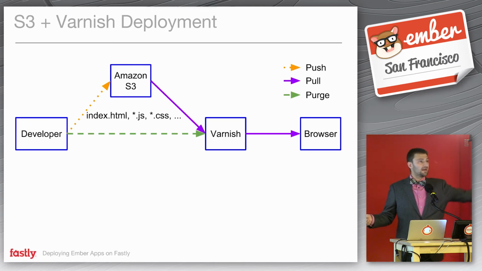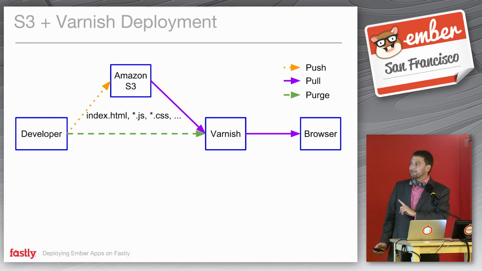So no one will ever get an updated version of your app until you then purge. So we kind of have that same two-phase action where you upload all the assets in one phase, but the caching means that nobody is getting that new content. And then when you want to do that lightning deployment to switch over to the new version to activate, you just purge index.html and Varnish will fetch the new version.